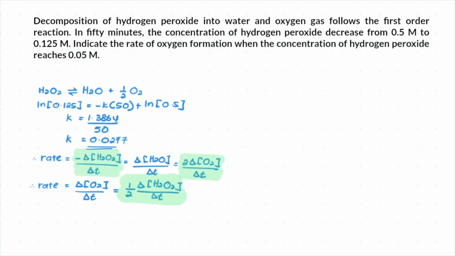Alright, so now we are going to transpose this into rate. So rate is equivalent to 1/2 rate constant times the concentration of H2O2.